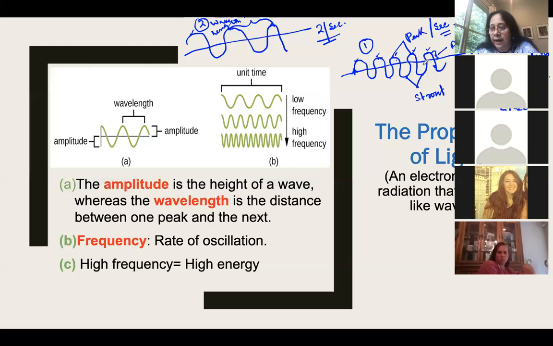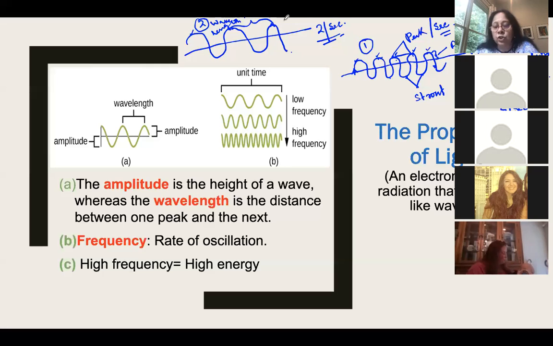Over here, in every second, this radiation, this ray, made 5 waves, and that's the reason the wavelength is much shorter than here. Here, for this ray, each second it just made 2 waves, just 2 peaks.